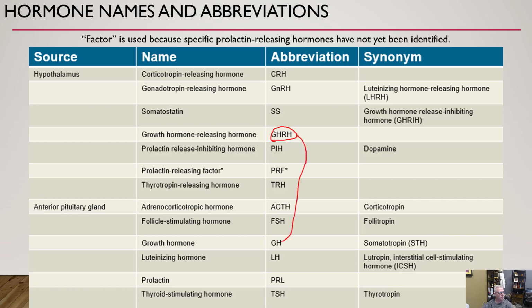GHRH is going to stimulate growth hormone, and somatostatin, growth hormone release inhibiting hormone, would be your inhibiting hormone. So growth hormone is stimulated or released by GHRH, or inhibited by somatostatin, or GHRIH.